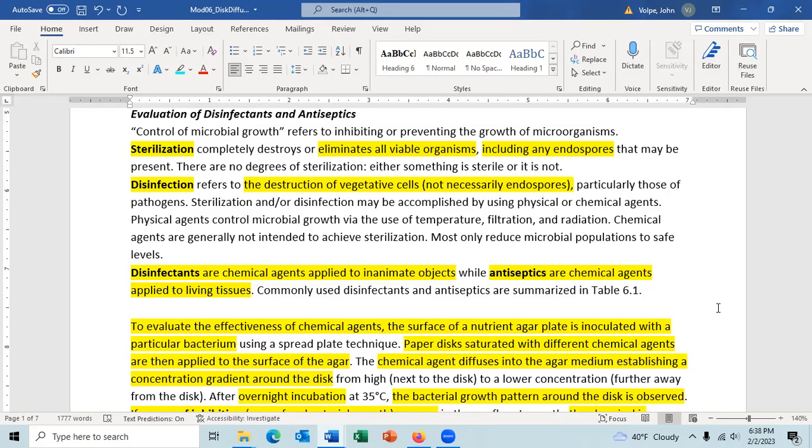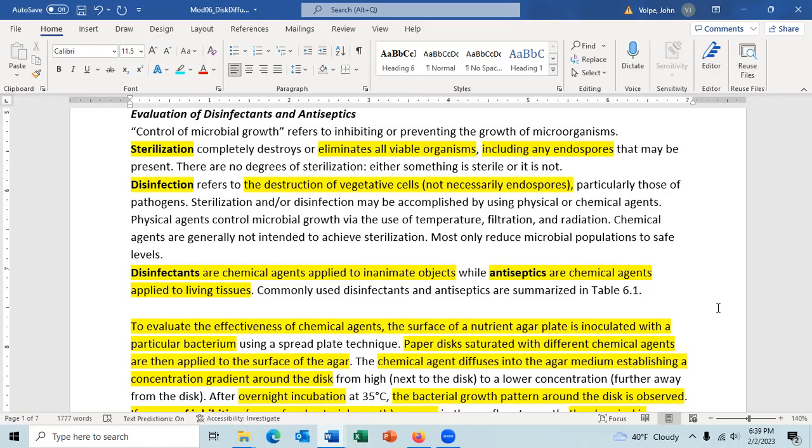Like I said, you don't send a patient into the hospital for surgery and then sterilize them, because if you were to remove all microbes from their skin and inside them, you would kill the patient because the treatment would be too severe. Any questions about any of that?